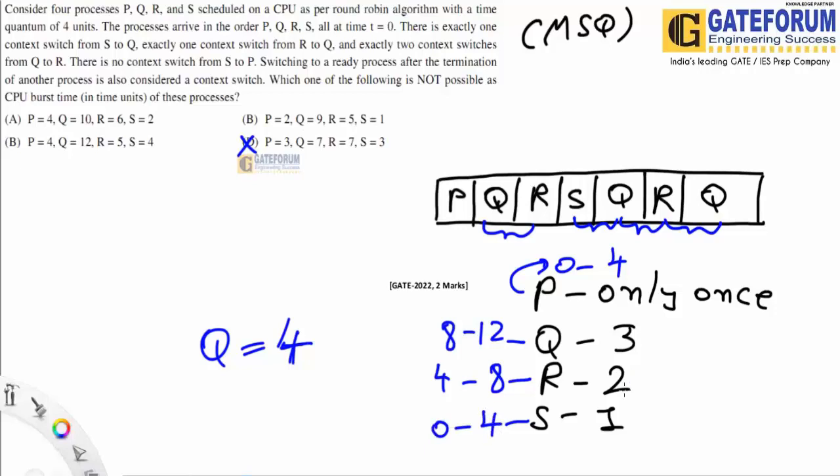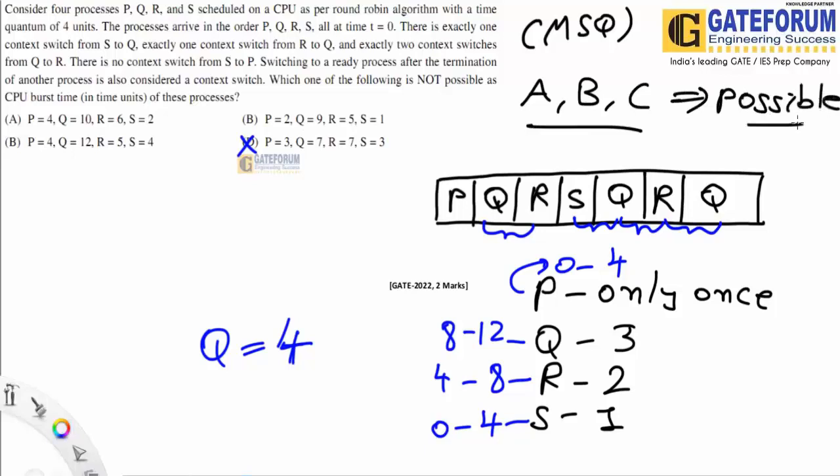Here we are saying which one is possible. S is 2, which is possible, 4 is possible, 1 is too. So we can simply say that all of A, B, C are possible based on the time unit which is being mentioned and based on the order of sequence of execution.